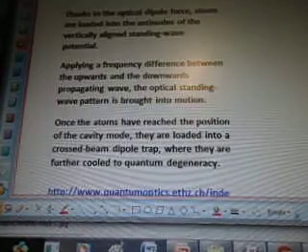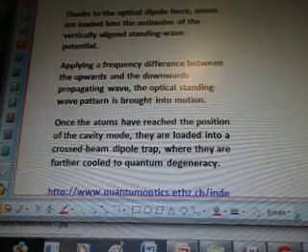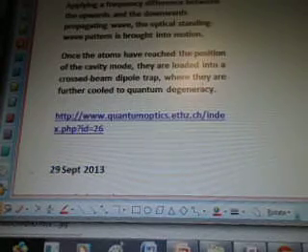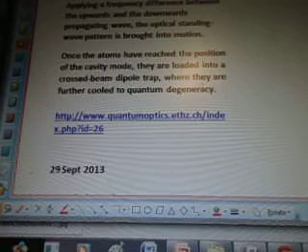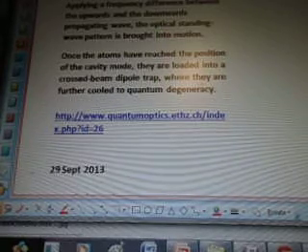Applying a frequency difference between the upwards and downwards propagating wave, the optical standing wave pattern is brought into motion. Once the atoms have reached the position of cavity mode, they are loaded into a cross-beam dipole trap where they are further cooled to quantum degeneracy. So that's from www.quantumoptics.ethz.ch.